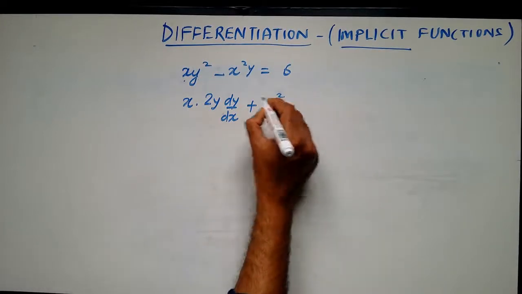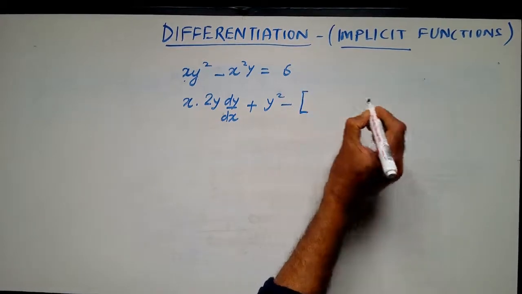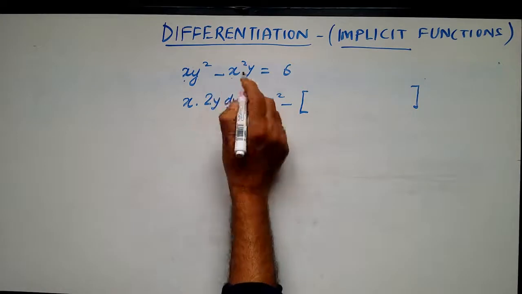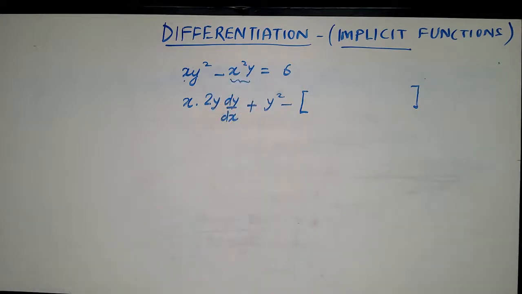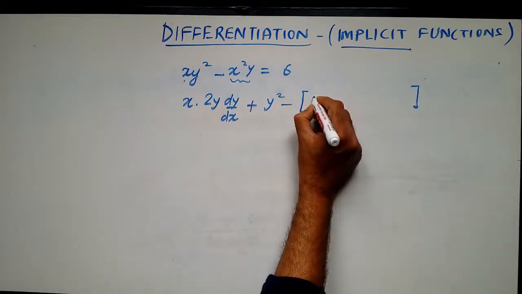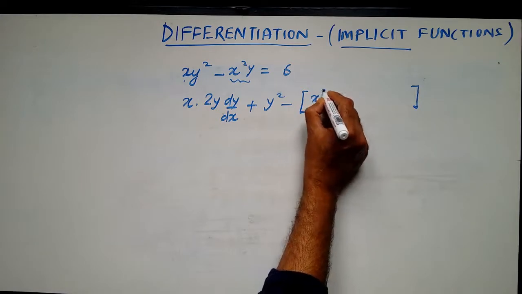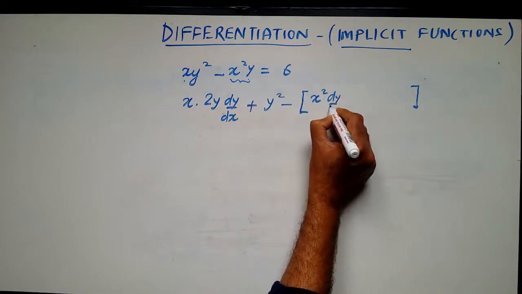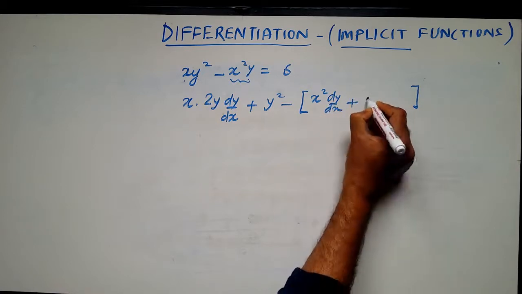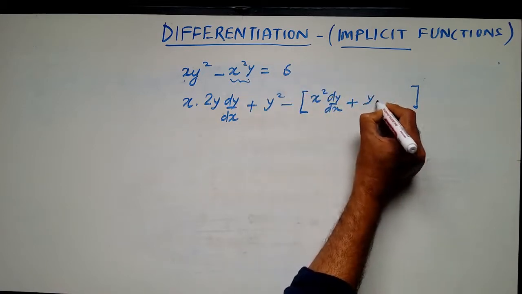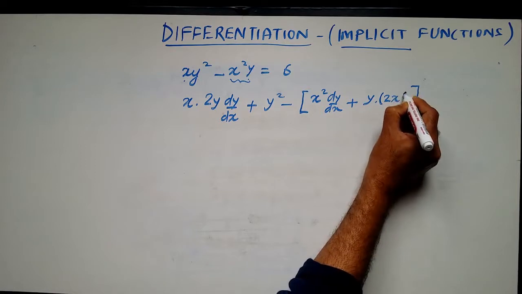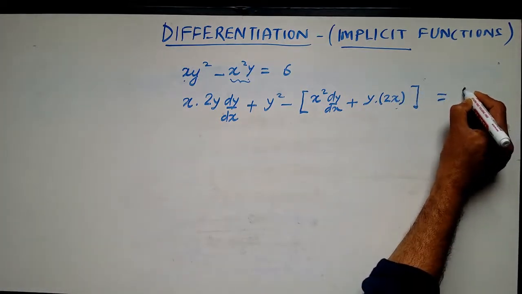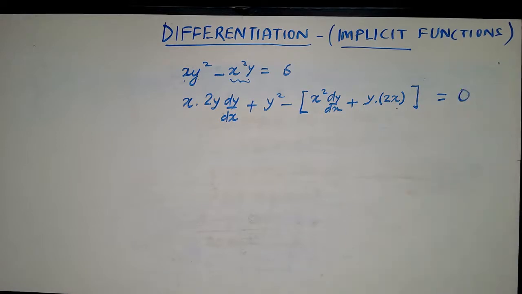Now this will be minus. Since this is a minus, let's enclose this in brackets and see what we get. So we'll be finding the derivative of x squared y. So x squared, that is the first function, and the derivative of y, that is 1 into dy by dx, plus y as it is, and the derivative of the first function, sorry, that is 2x, and the differential of 6 is 0.